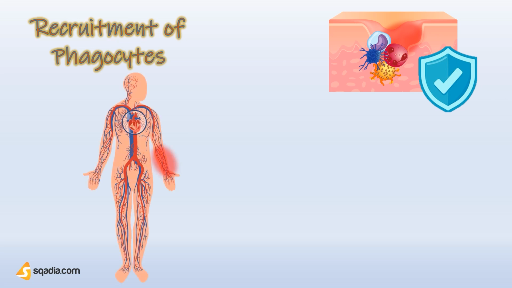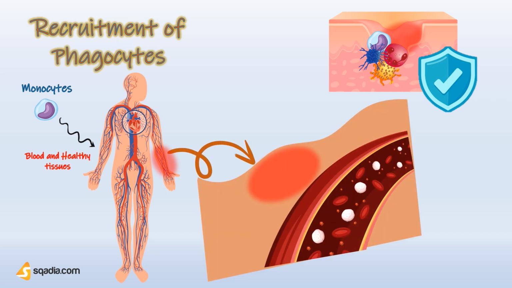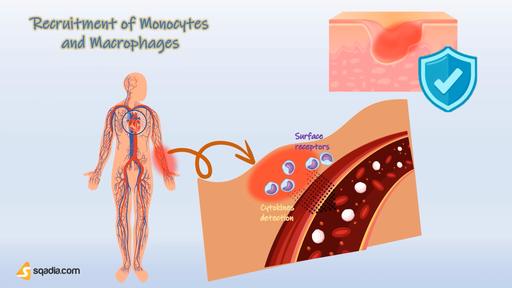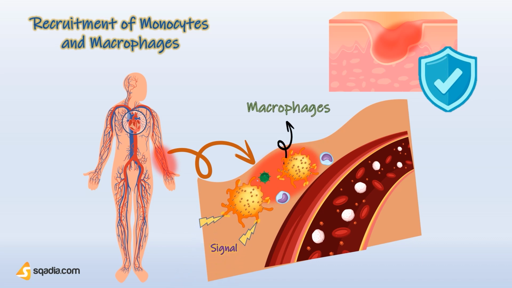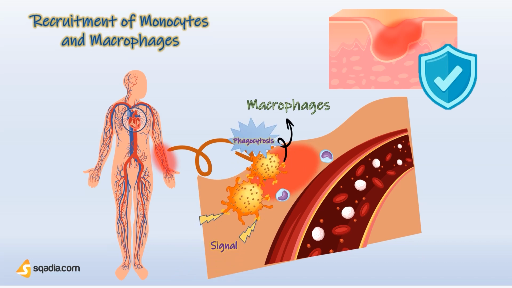When they find any infection or inflammation, either directly by surface receptors or by cytokine detection, they migrate into that tissue, and within the tissue, they mature into specialized macrophages. Macrophages remain in a resting state unless they are stimulated by signals binding to their receptors. Once stimulated, they start the process of phagocytosis.